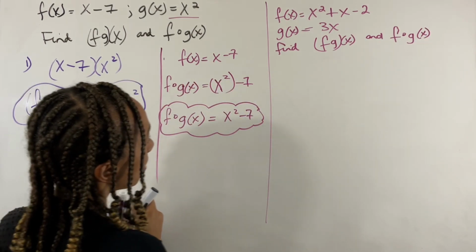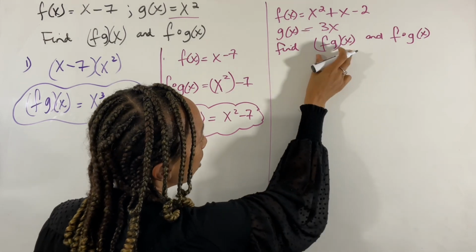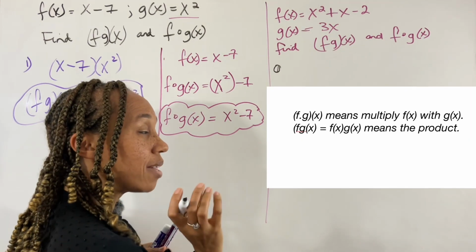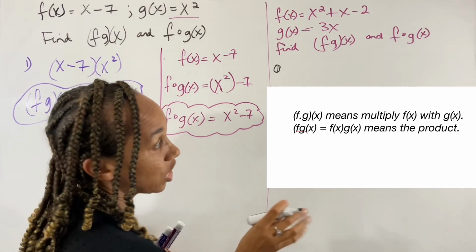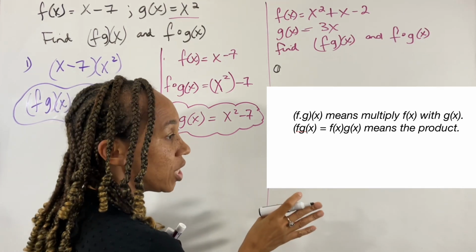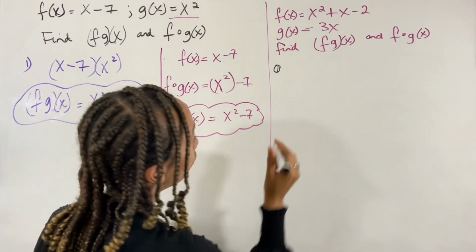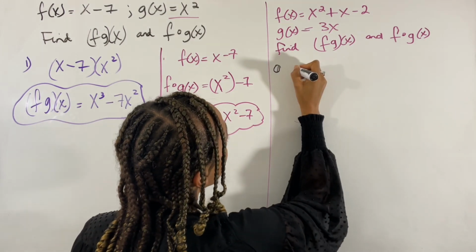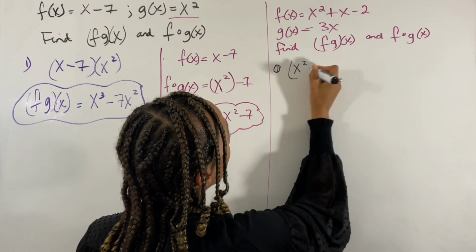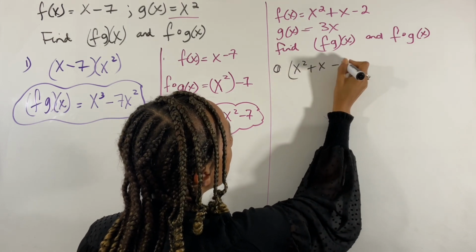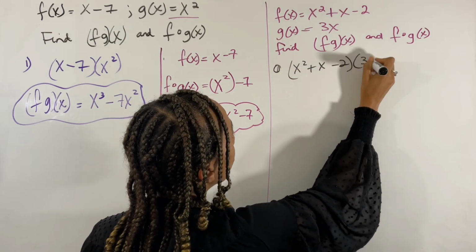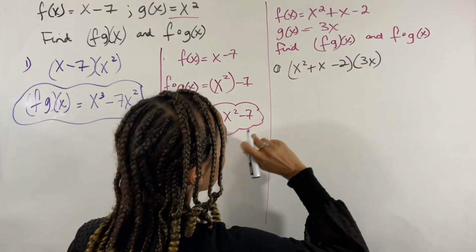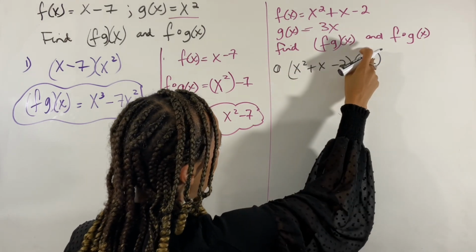The first one, we are going to do the multiplication. Remember now, this is the difference between the multiplication of two functions and the composition of two functions. So we are going to multiply x squared plus x minus 2 with 3x. This is f of x, this is g of x.